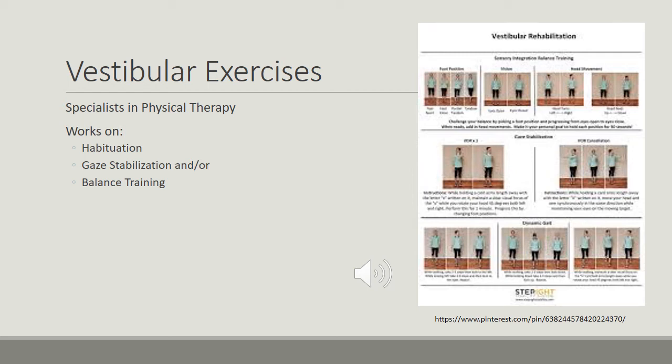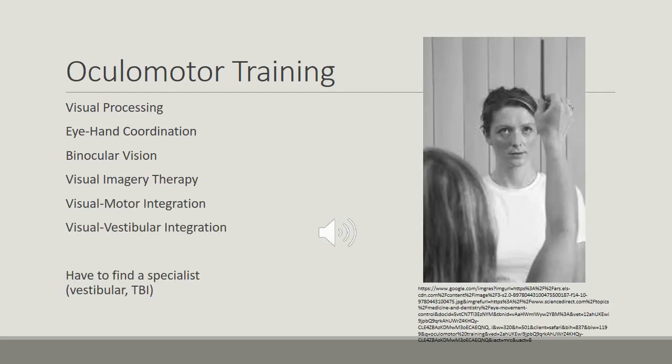They are specifically trained. Not every physical therapist does vestibular exercises, but you can search in your area and find them. They're usually credentialed to do so through courses. So for oculomotor training, here's where you definitely want to find a specialist, whether it's vestibular or TBI. You want somebody with pretty extensive training, a lot of continuing education hours in this field, because it becomes a bit specific.